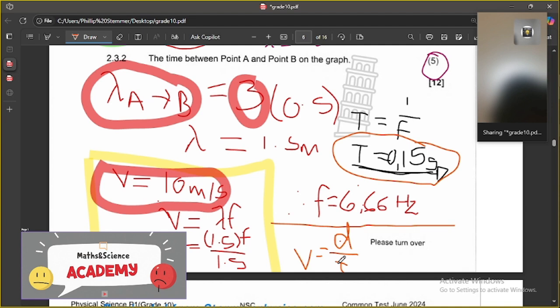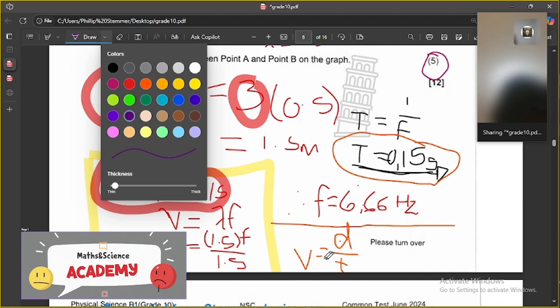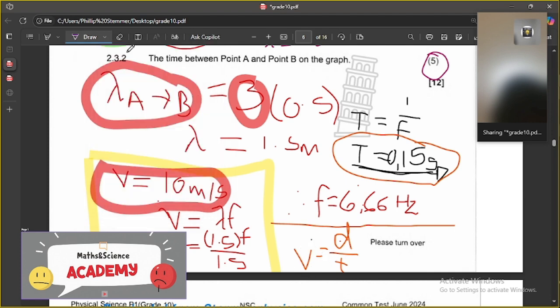Don't get confused. We have many ways to kill a cat. So velocity is 10. Where there is v, you can put a 10. And where there is distance, you can put 1.5 meters. And then you can just cross multiply. Time is equal to 0.5 seconds.